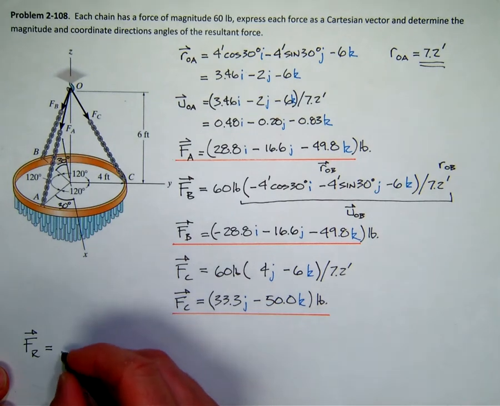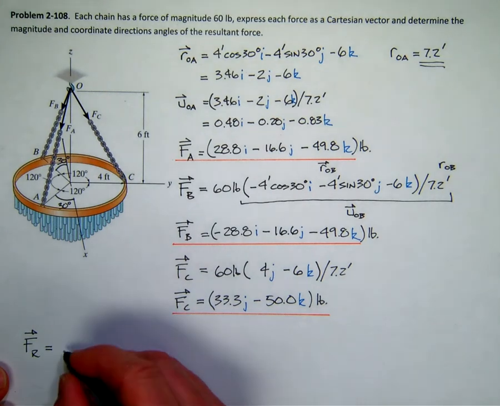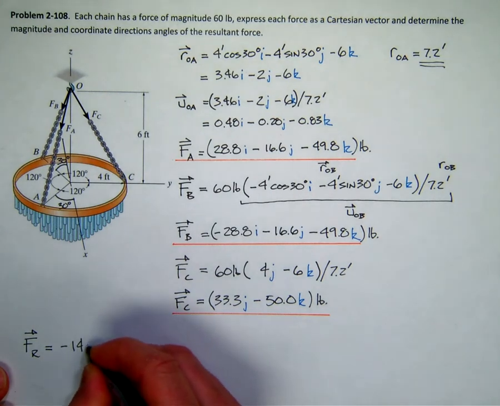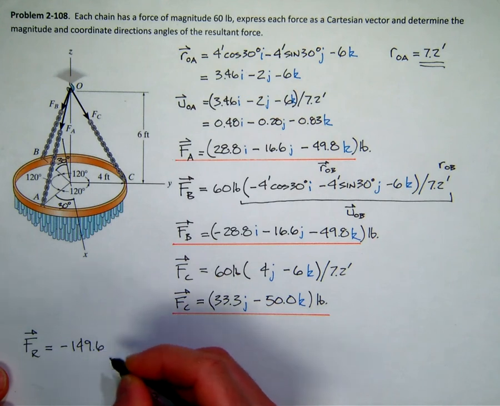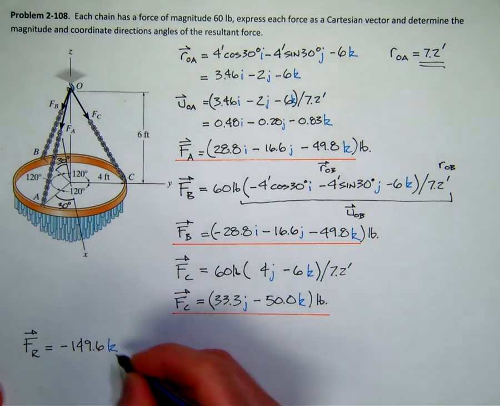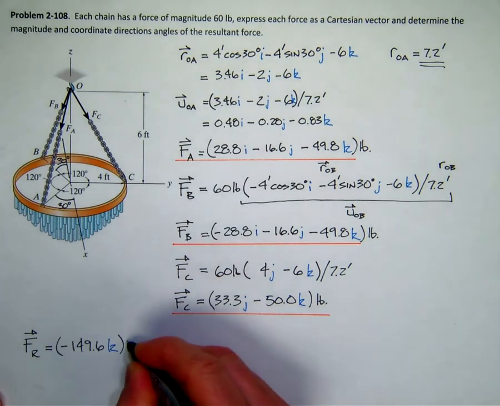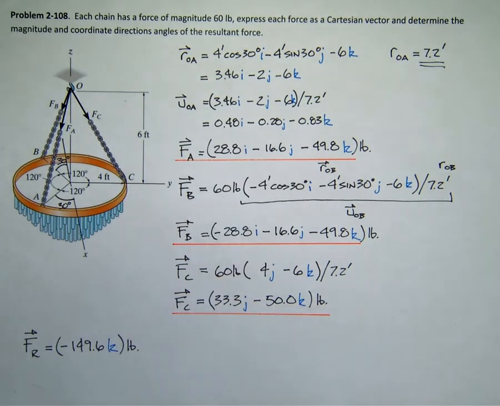It looks like all I'm left with is about 149.6, something like that. Yeah. And that would be in the K direction, and that would have units of pounds. So there's our resultant force.